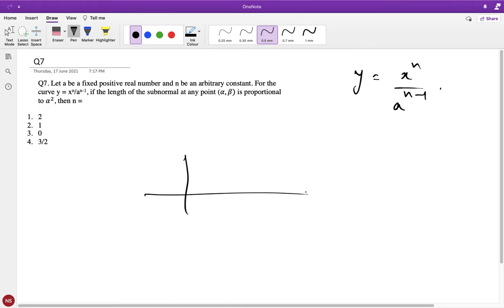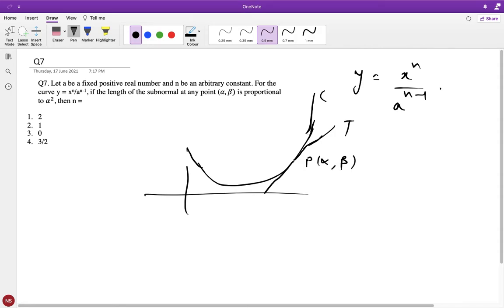First we need to know what is subnormal. If this is my curve, let us draw another curve. This is very badly drawn. Like this. If I draw a tangent at this point, this is my curve C. This is my tangent at this point P (alpha, beta).